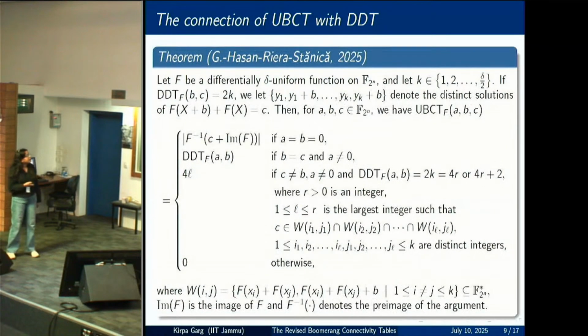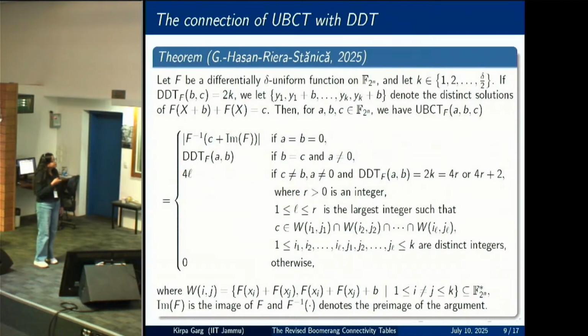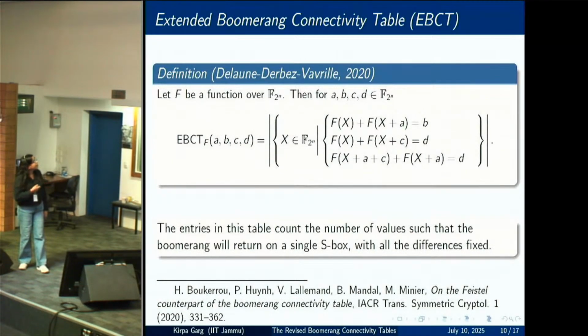Similarly, we have here a relationship of the upper boomerang connectivity table with the DDT entries, and there is one more table, which was also renamed later by Delaune, Derbez, and Vavrille.